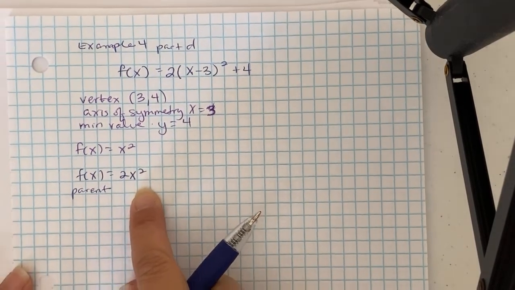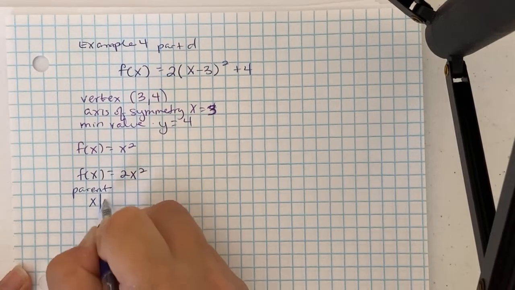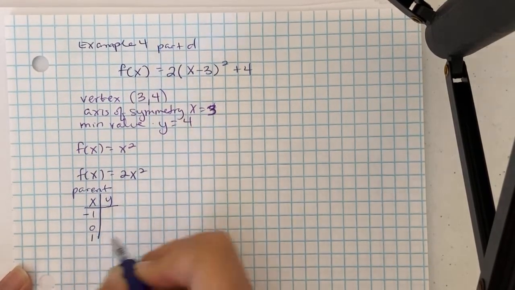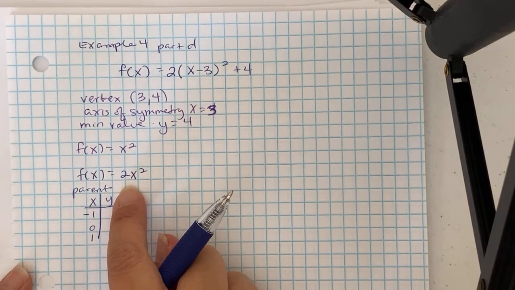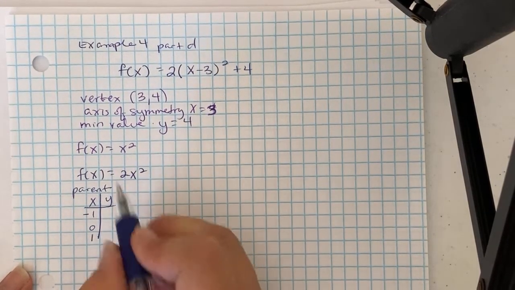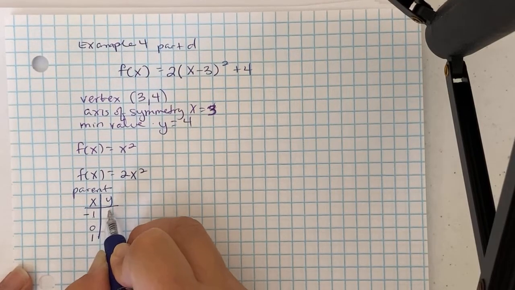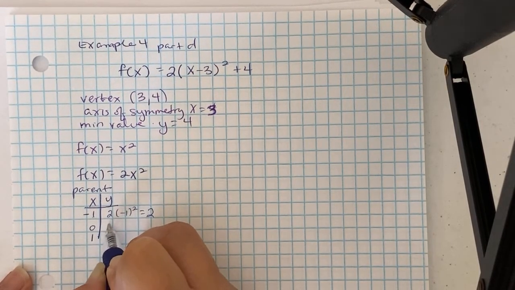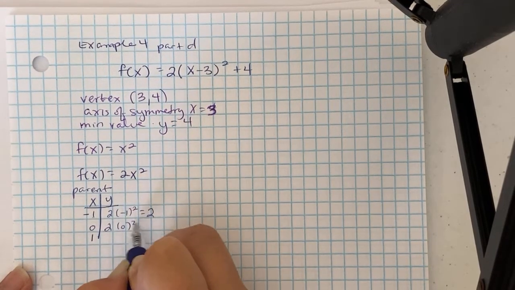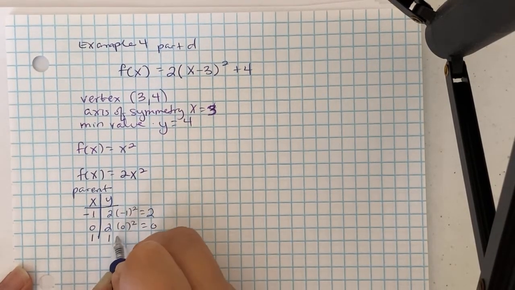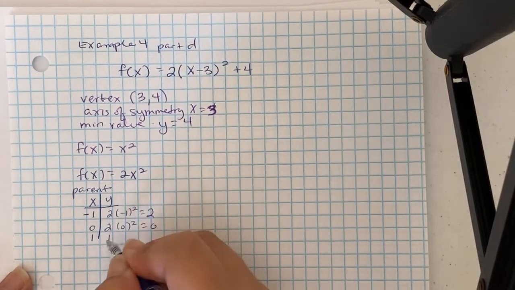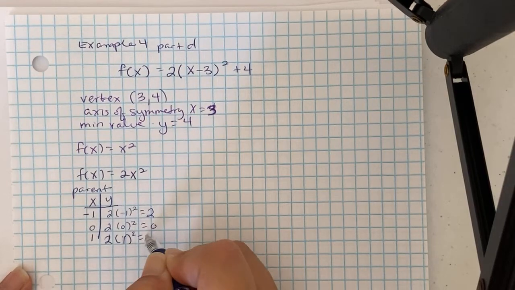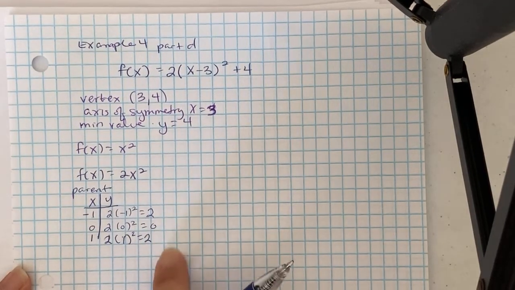I'm going to do an XY table, starting with basic -1, 0, 1 because it's a whole number and I don't have to worry about fractions. So -1: 2 times -1 squared is now a positive 2. 2 times 0 squared makes it 0. 2 times 1 squared makes it 2. So this is our parent function. This is what we're starting at.